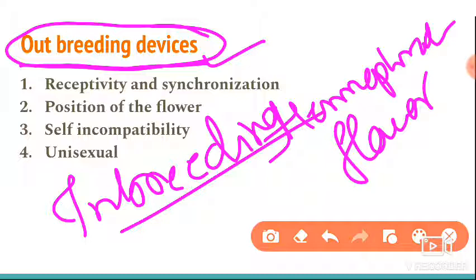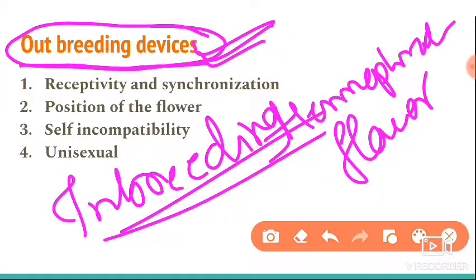They will not give preference to self pollination. They will give preference to cross pollination, obviously, just to overcome inbreeding depression. The plants have some outbreeding devices, and this important topic we'll study right now.